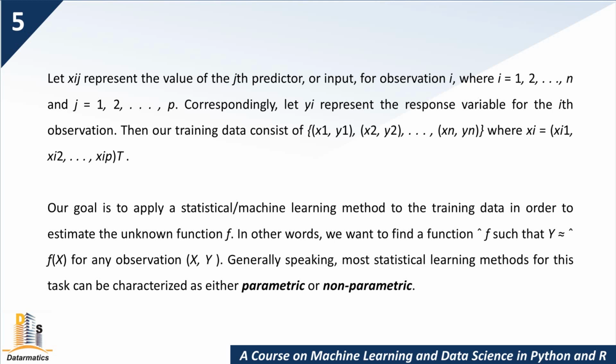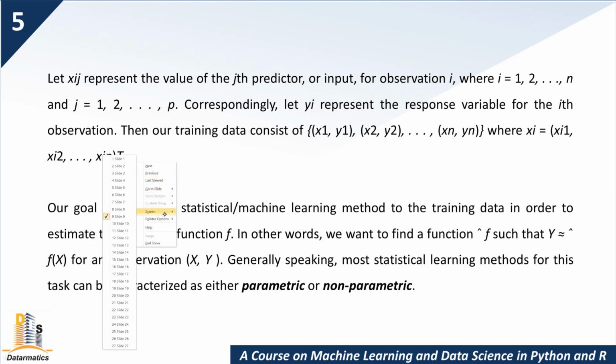So let xij represent the value of the jth predictor for observation. Okay, now I'm not going to spend time reading this because this is very much theoretical. So meanwhile, our goal is to apply a statistical or machine learning method to the training data set in order to estimate the unknown function. So what we are saying is that there is some relationship or function that holds between x and y.